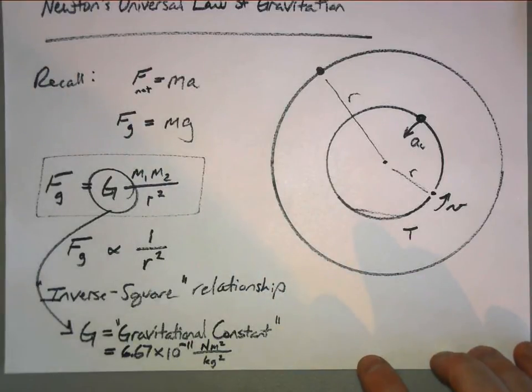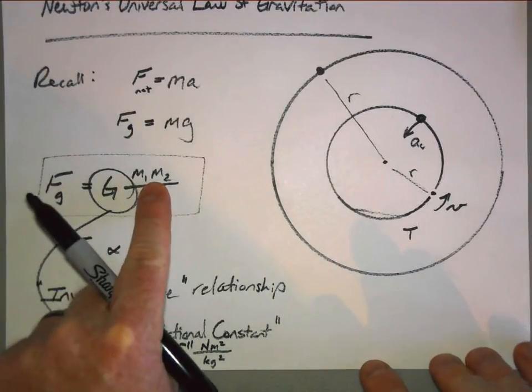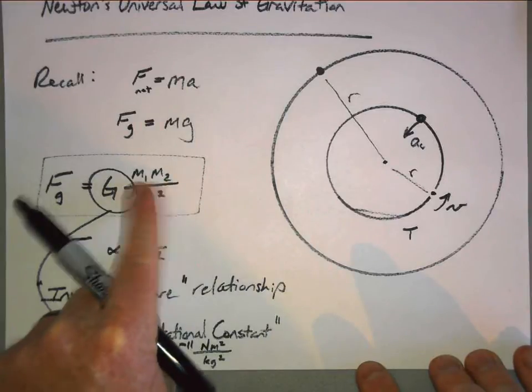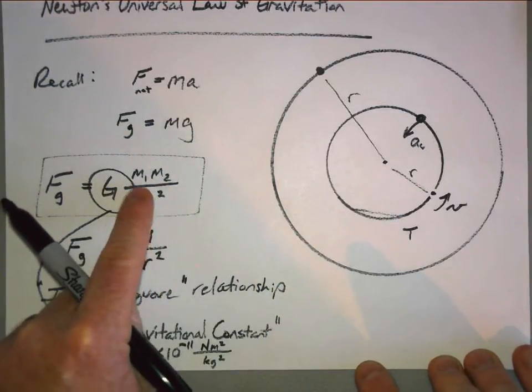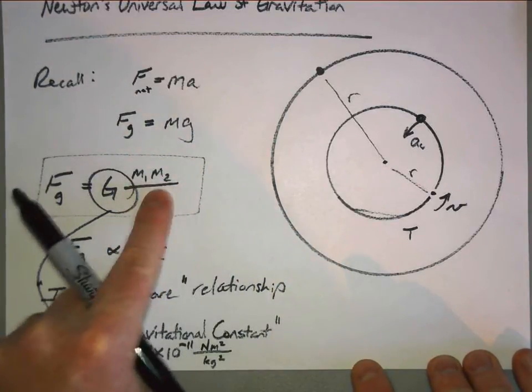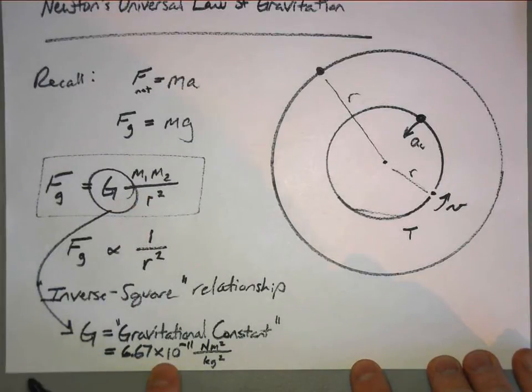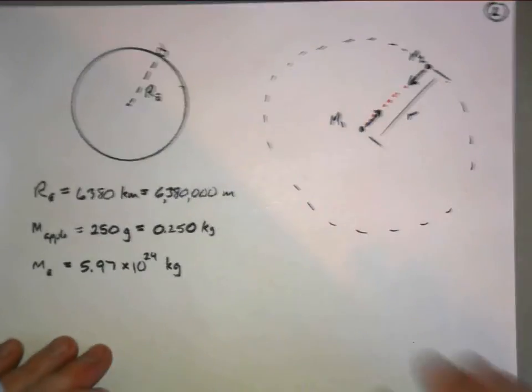And it doesn't matter if you're talking about two planets, a planet and a moon, a planet and a satellite, a sun and a planet, it doesn't matter. You could be talking about two basketballs. G is still this value. 6.67 times 10 to the negative 11 power. Well, the negative sign here means you move the decimal point to the left 11 spaces, making this a very small number.